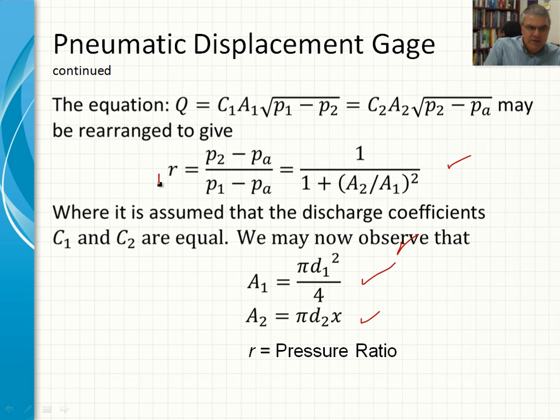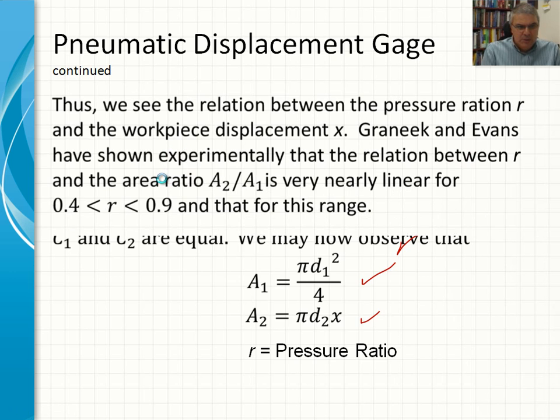This R that's given here is simply a ratio of P2 minus PA divided by P1 minus PA. And we also made another assumption in which we assume that the discharge coefficients C1 and C2 are equal for such a device. So there are certain important assumptions that were made here that are extremely important in our calculations.